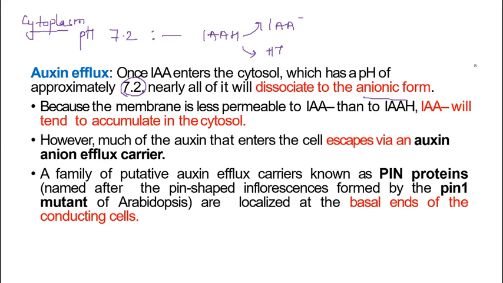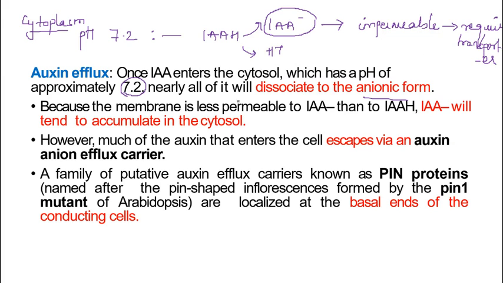Now, once IAA minus is formed, it cannot be released outside on its own. It needs a transporter. It is impermeable because it is negatively charged. The membrane doesn't allow charged particles to move freely, so it requires a transporter to enter and exit the cell.